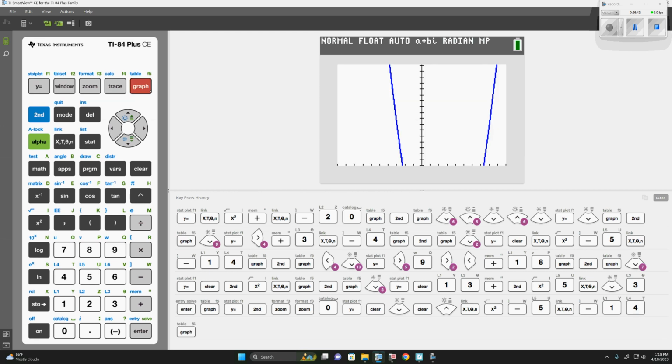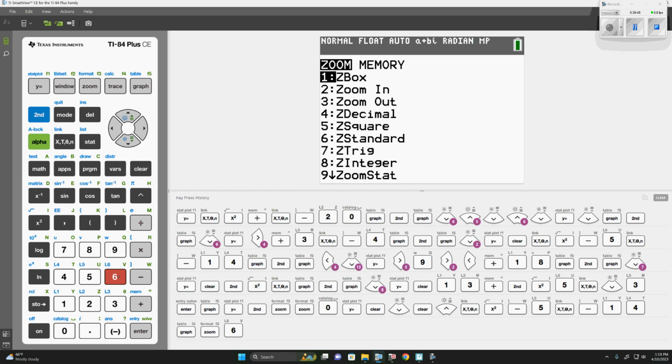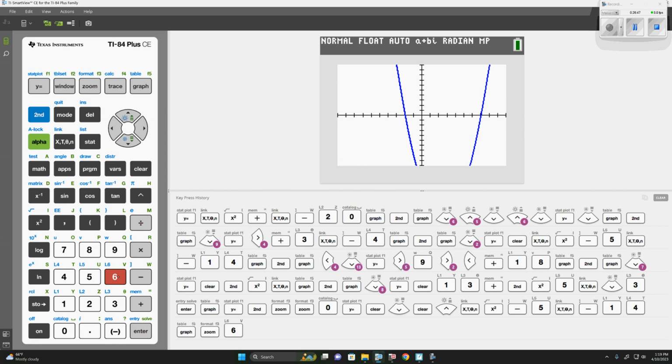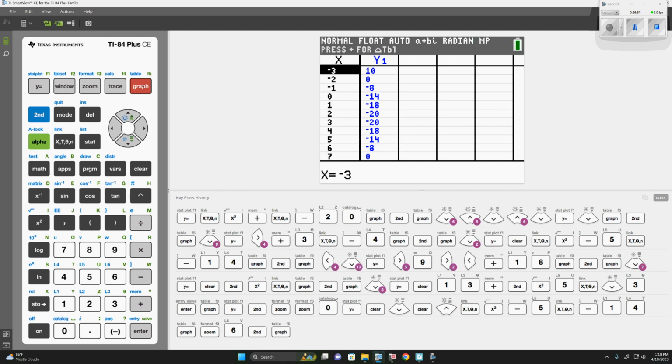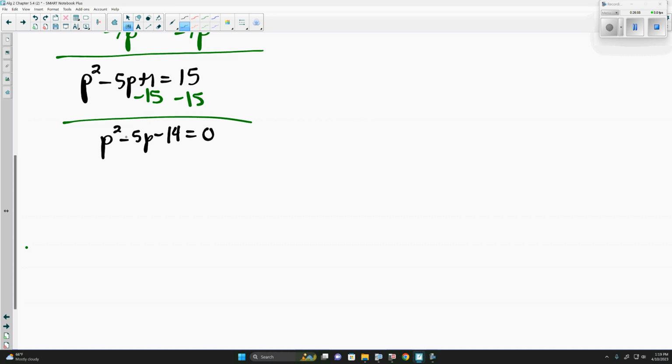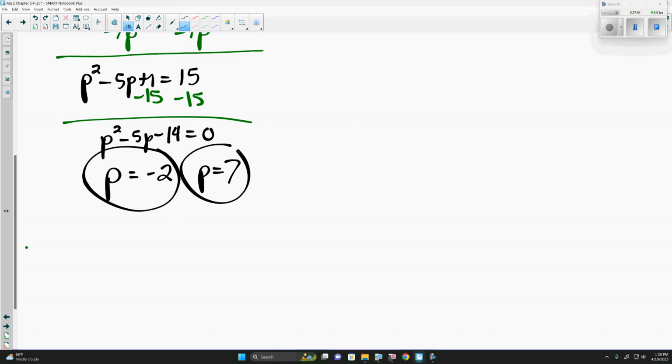Graph. I'll zoom. So where it crosses the x-axis would be solutions. Negative 2 and 7. So p is equal to negative 2, and p is equal to 7. These are our two solutions.